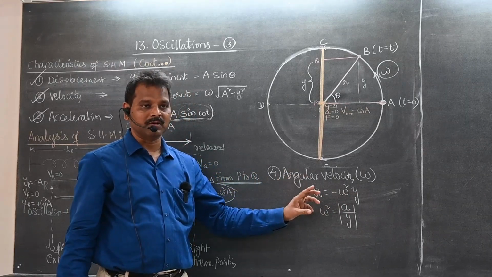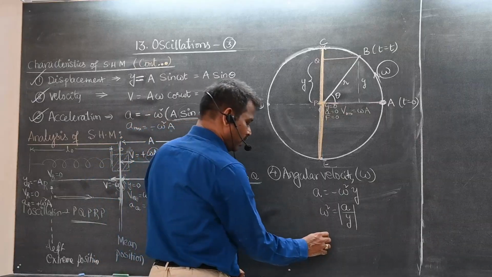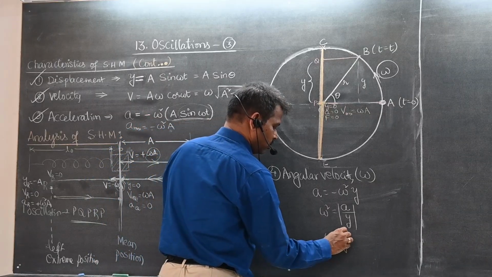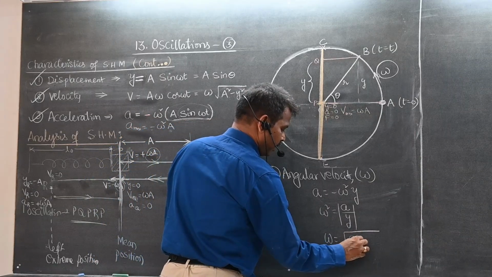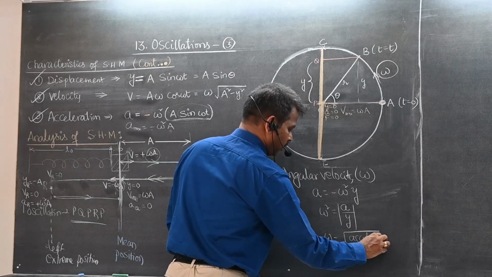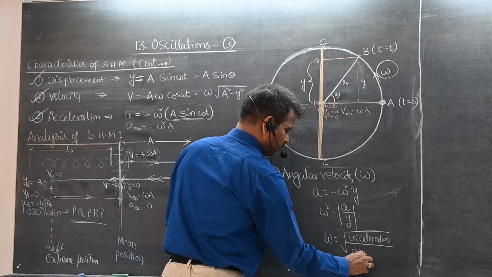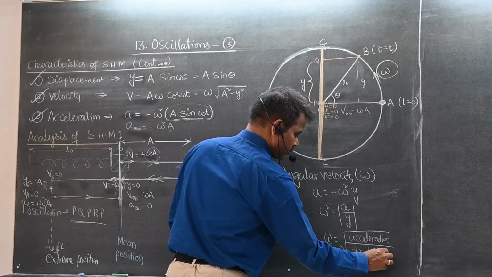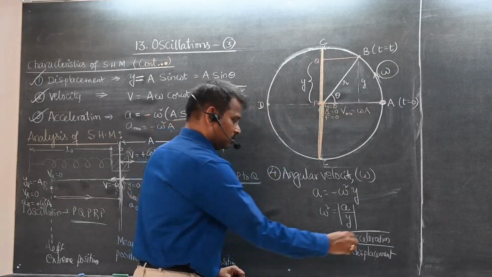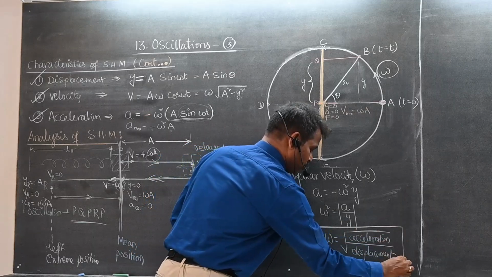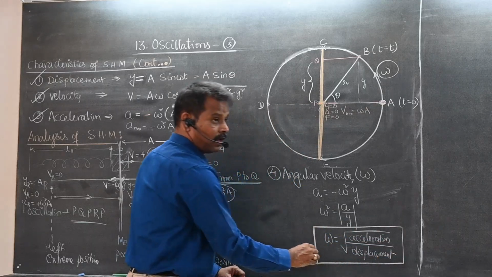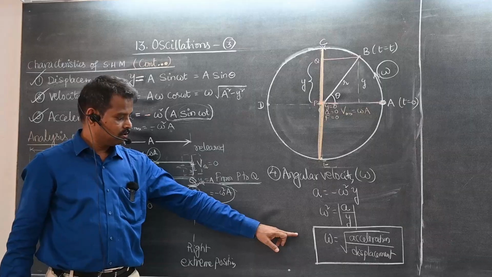So omega is the root of the acceleration of the particle executing SHM by the displacement of the particle. This is the equation to find omega, the angular velocity.